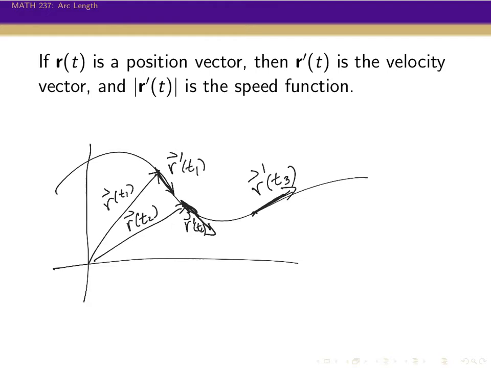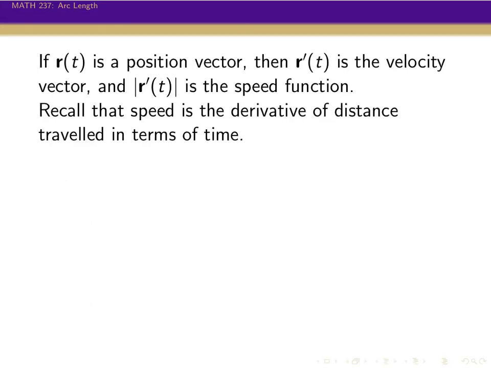Now r prime of t is giving a tangent vector, but really it's the velocity vector, and its magnitude is speed. Speed, if you think back from Calc 1, is the derivative of distance traveled in terms of time. Speed times time equals distance.